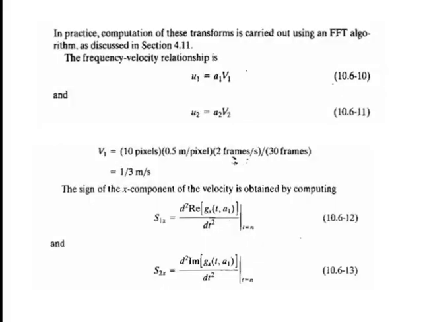Because g x is sinusoidal, it can be shown that s1x and s2x will have the same sign at an arbitrary point in time n if the velocity component v1 is positive. Conversely, opposite signs in s1x and s2x indicate a negative component. If either s1x or s2x is 0, we consider the next closest point in time, t is equal to n plus or minus del t. Similar comments apply to computing the sign of v2.